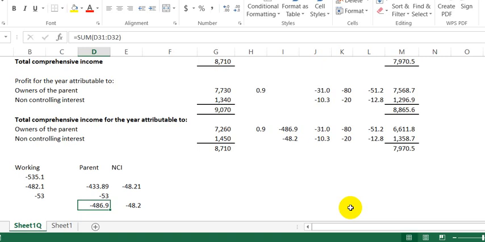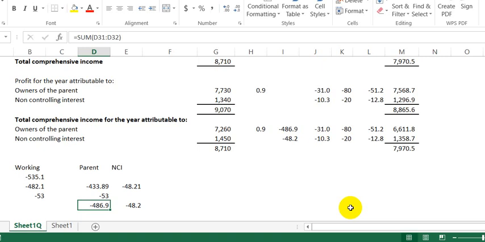Then if we can find statement of cash flow, I think that came not too long ago. I remember seeing something somewhere. So the next one will be consolidated income statement.